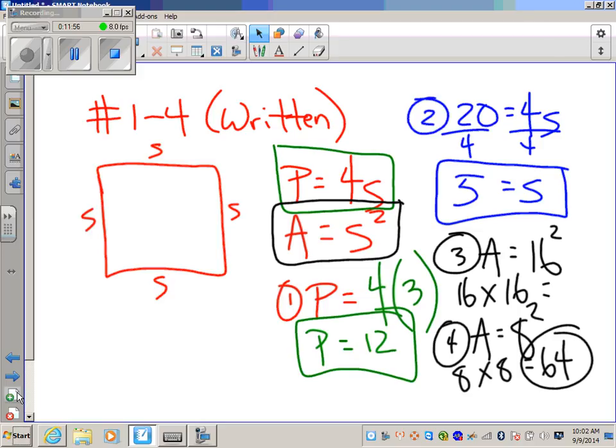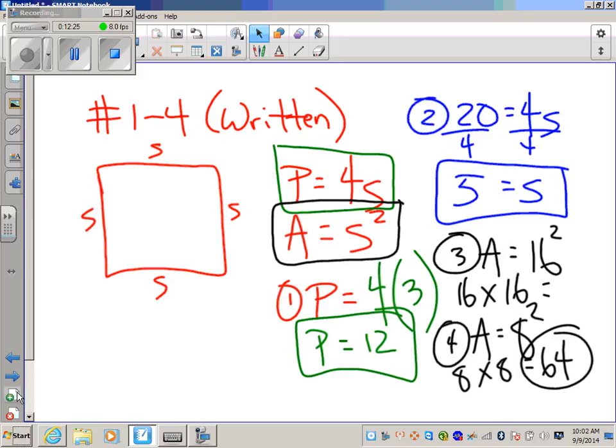Now the next group, 5 through 8, you're not working with a square anymore. You're working with a triangle, which brings a whole new set of formulas. Now in the back, 9 through 12 is a rectangle.